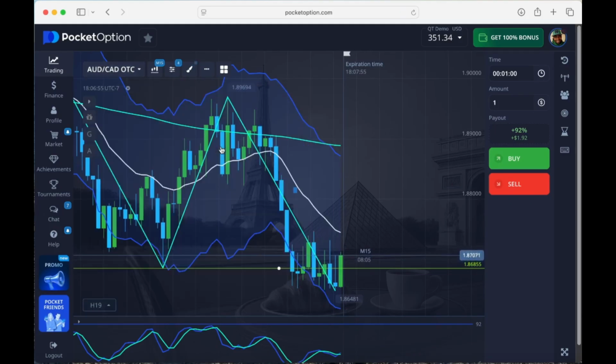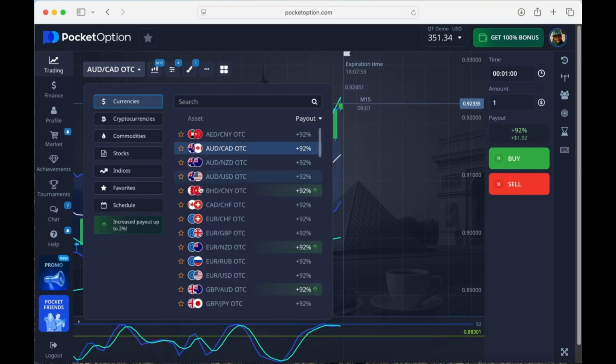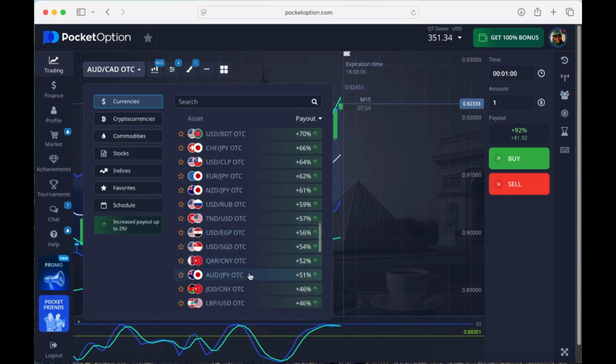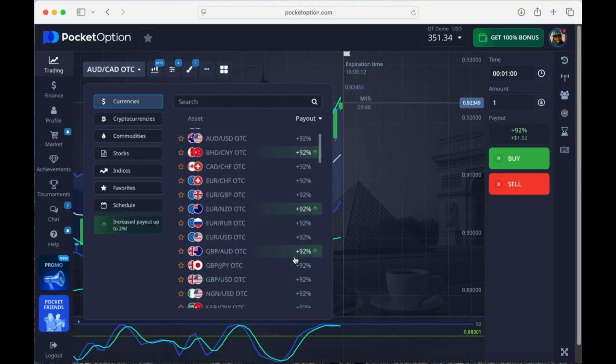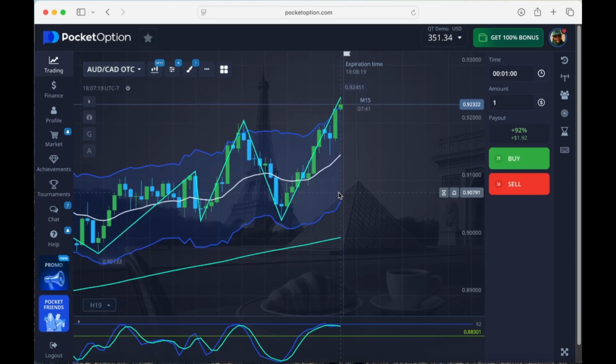Let's see. Also, all the pairs that I usually trade are 92%. You can trade these down here, but the payout is a little bit lower, or a lot lower. It's 52%. So I like sticking to 92%, just so I can have the highest payout.